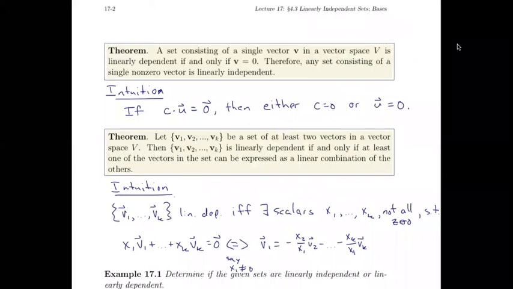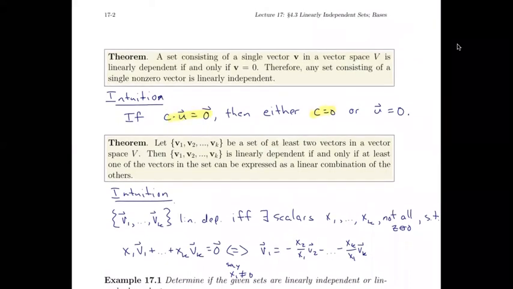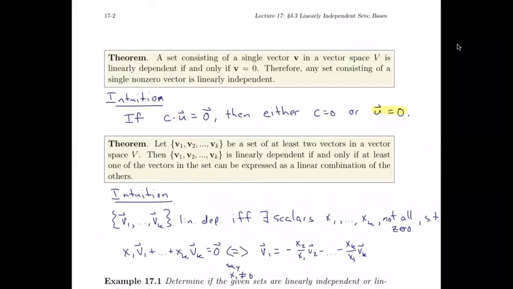Well, the only way that this is true is if c is 0, which tells me that it's only the trivial solution. Or if c has to be 0 for this to be true, then we know that that's a linearly independent case. Otherwise, if the vector u is 0, well then c can be any value we want it to, because we'll still have a 0 here, so c could be equal to 1 potentially.